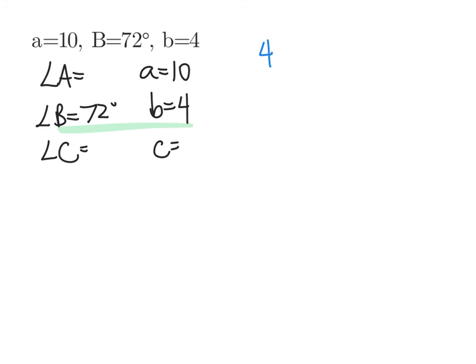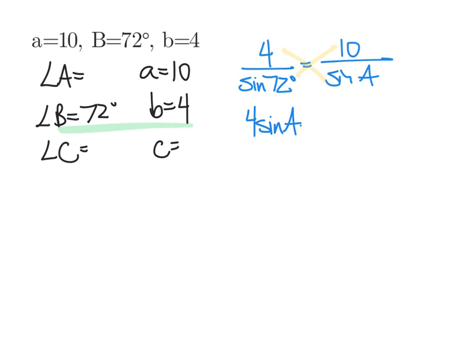So you say 4 over the sine of 72 degrees is equal to 10 over the sine of angle A. Okay. Everything looks just fine. There's nothing that I have written down right now that makes me suspicious that there is no solution. So we just start solving. And we're going to cross multiply first. Okay, so we'll have 4 times the sine of A is equal to 10 times the sine of 72.